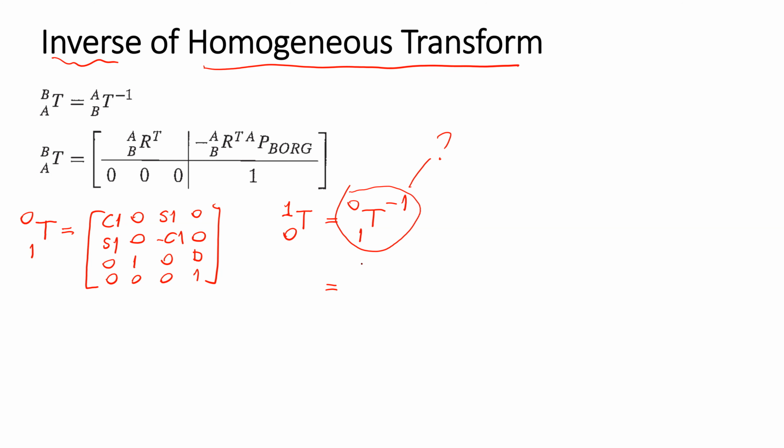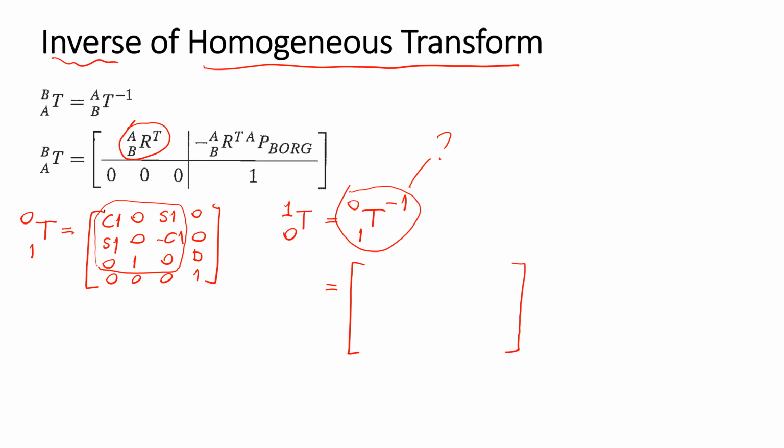The first thing we need to do is to obtain the transpose of the rotational matrix. The transpose means we're gonna switch from row to column.